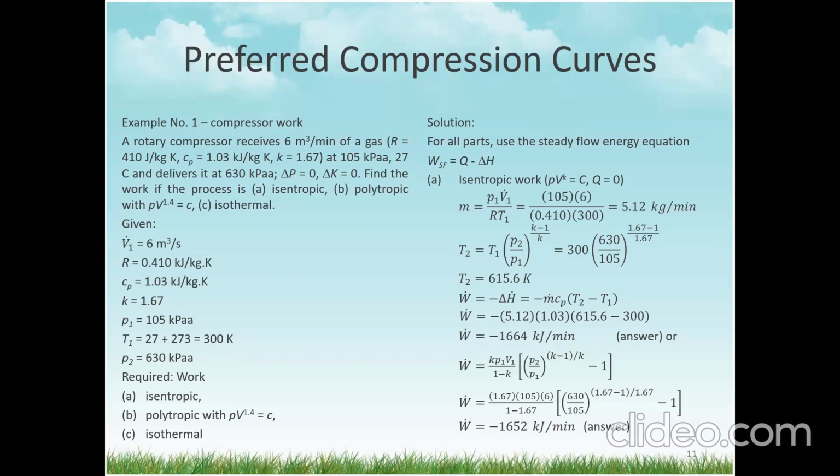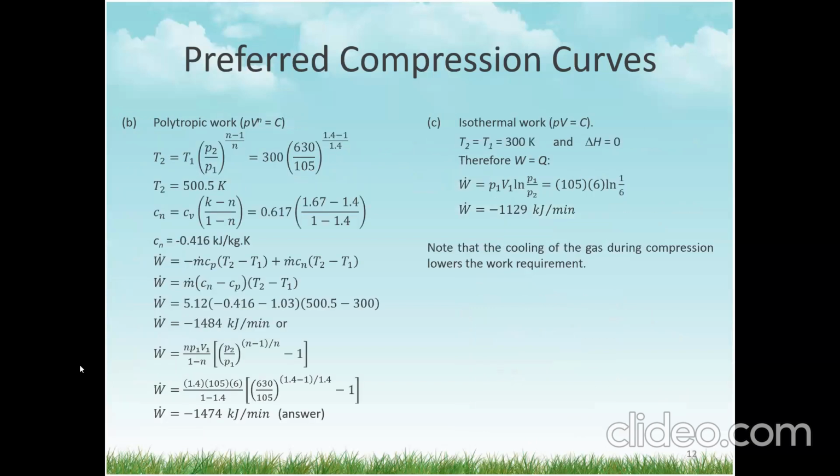Or R over K minus 1, so 0.41 divided by 0.67, so this is 0.612. So that is the formula. The work is equal to negative M Cp times T2 minus T1 plus M Cn times T2 minus T1.